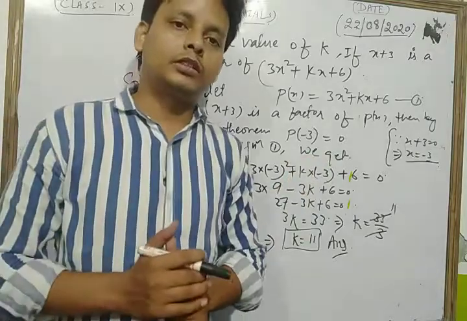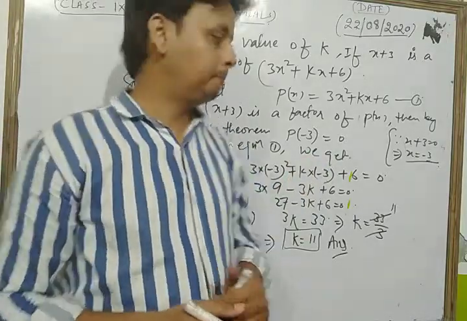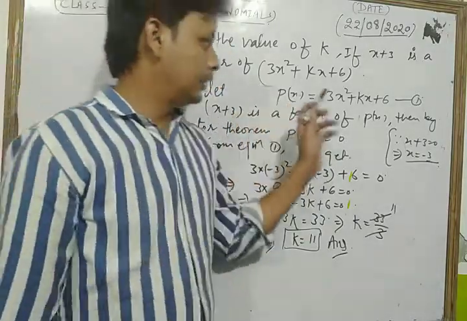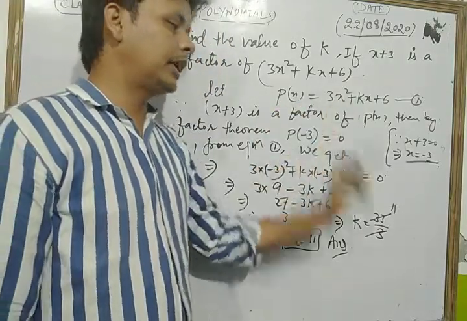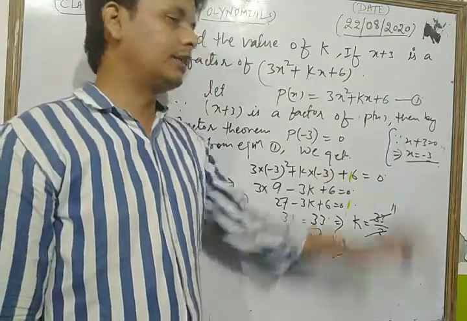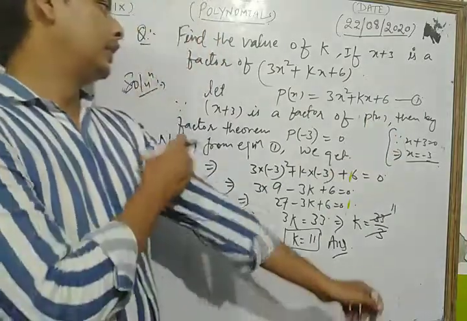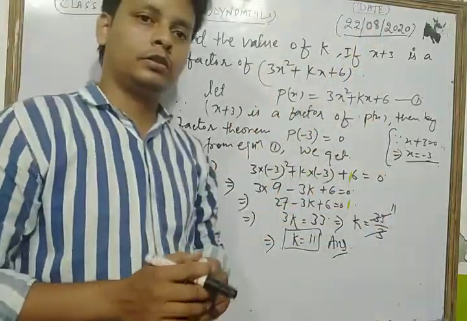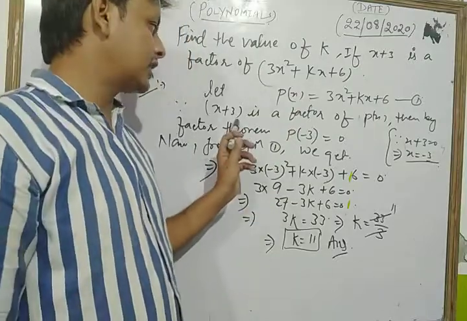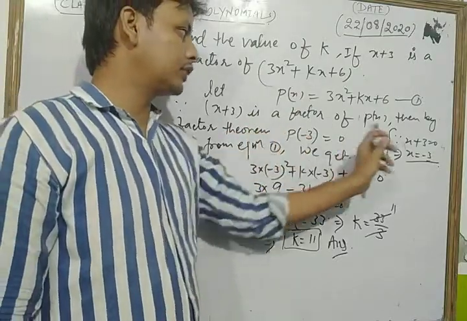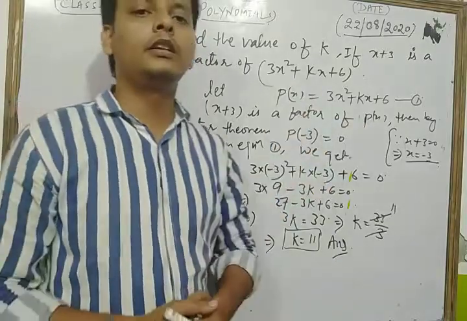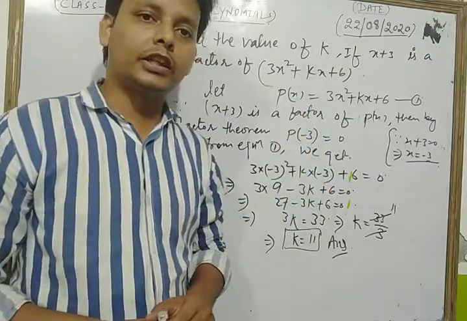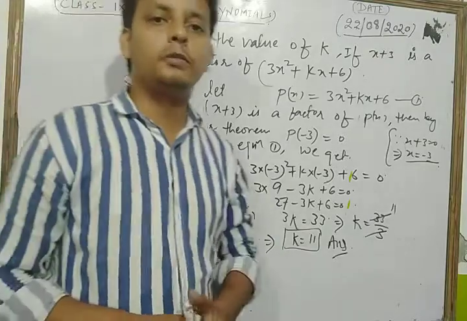on the factor theorem. Now let's see once more. In this question, dear student, first of all we take the given polynomial as p(x). After that, according to this question, x plus 3 is a factor of p(x). Then with the help of the factor theorem we can say that its remainder must be equal to 0.